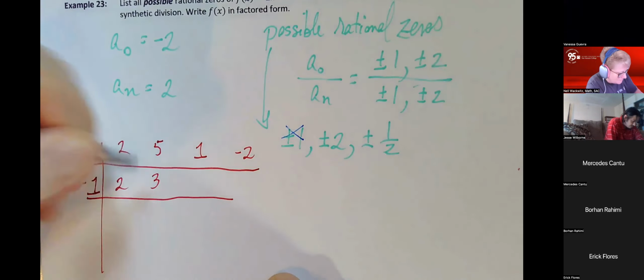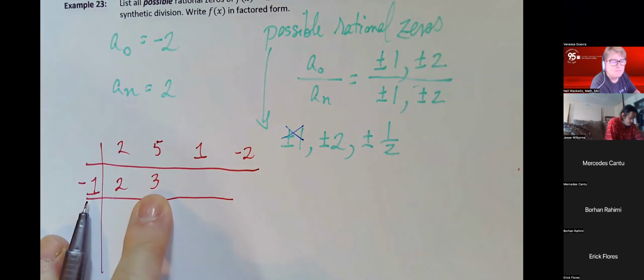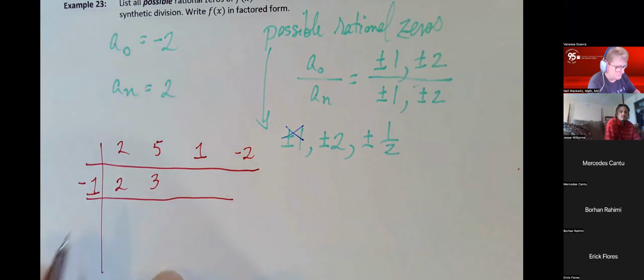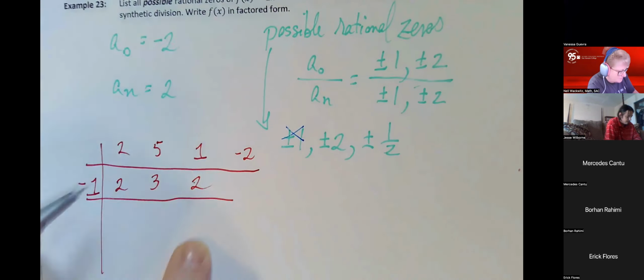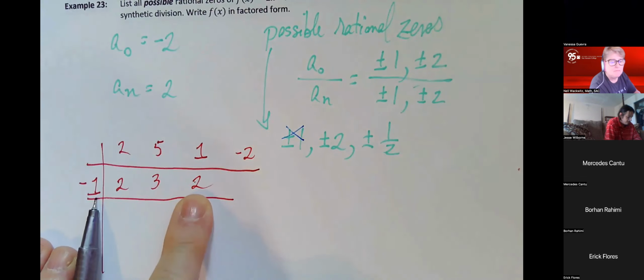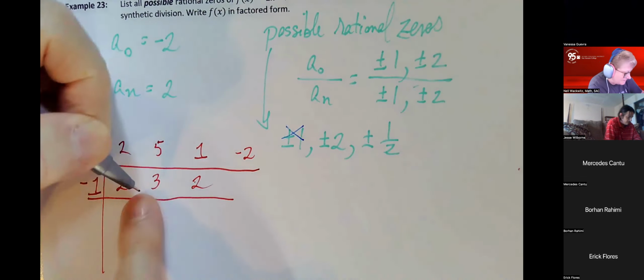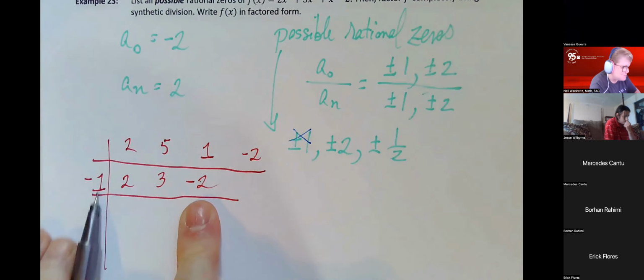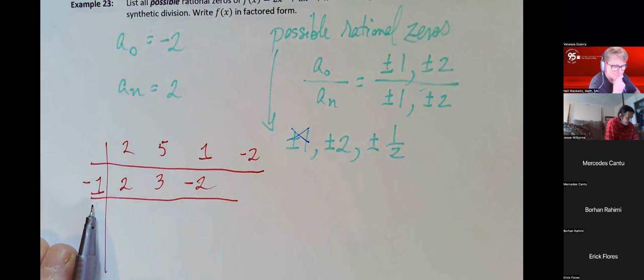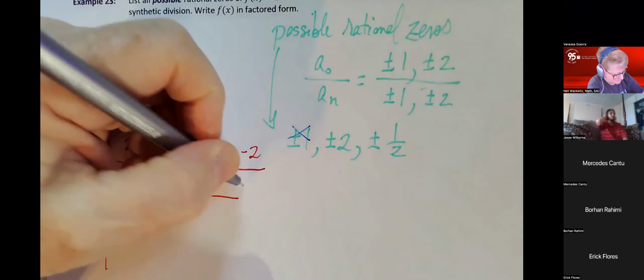Good. 3 times -1, -3 plus the 1 would be -2. -2 times -1, that'd be +2 minus 2 would be 0. Good.